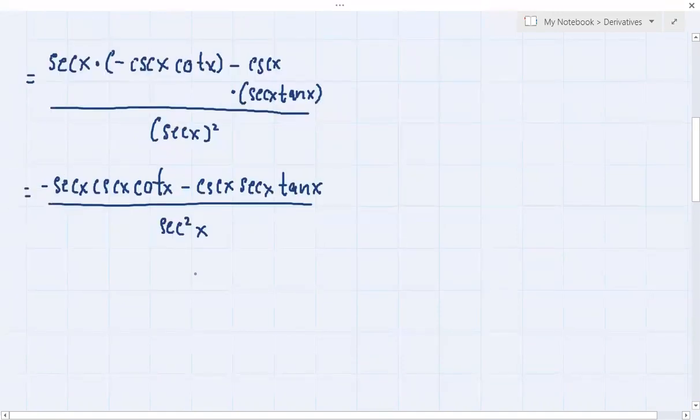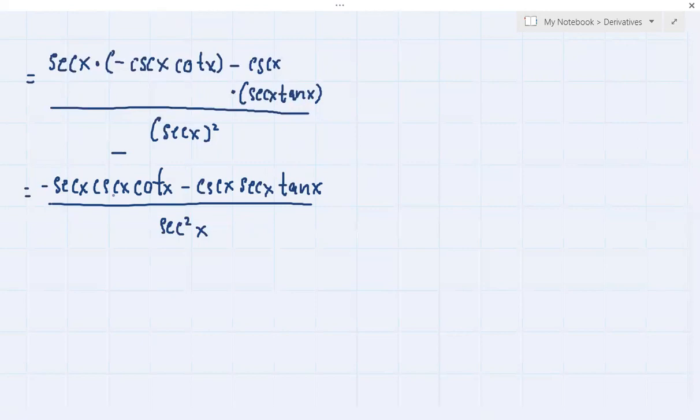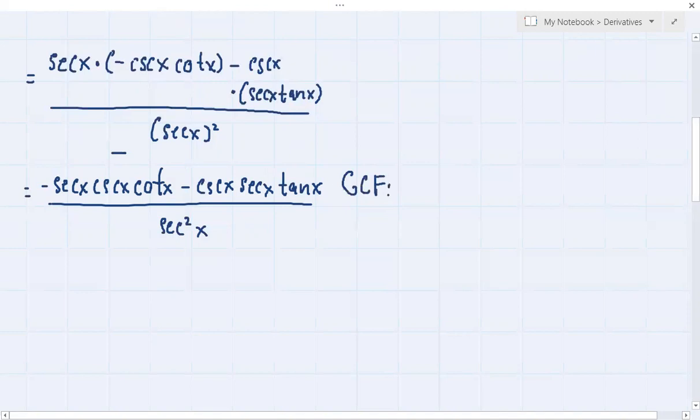So, dito, as you can see, on the numerator, basically, we can factor something here. First term, which is si negative secant x, cosecant x, cotangent x. At saka sa second term, negative cosecant x times secant x times tangent x. Both of them are divisible by negative secant x times cosecant x. At yan yung greatest common factor nila.